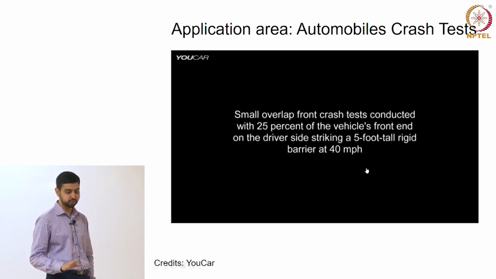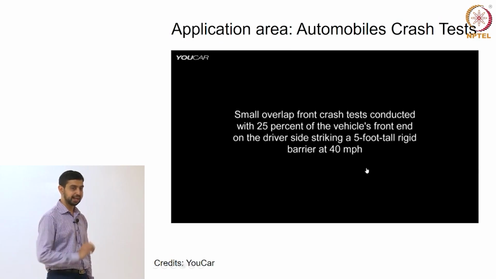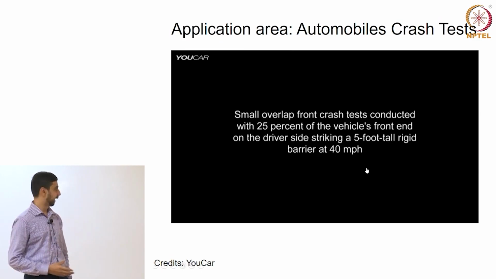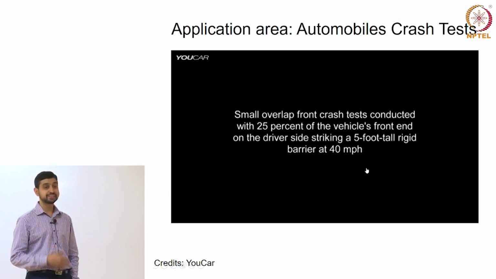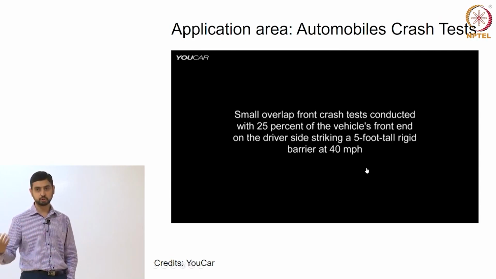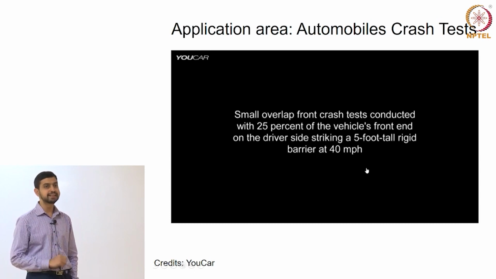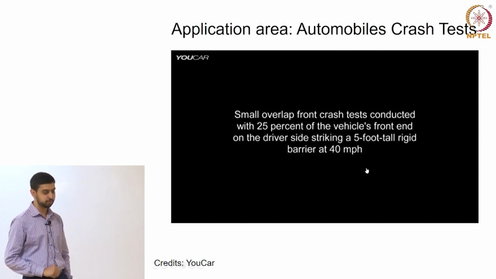And here a BMW is being driven at 40 miles per hour into a rigid barrier, and you look at what that impact does to the car and also to a driver who's sitting in there. So based on these impact tests, we can design safety features in a car, and we also make sure that we meet any safety requirements that are set forward by the government.